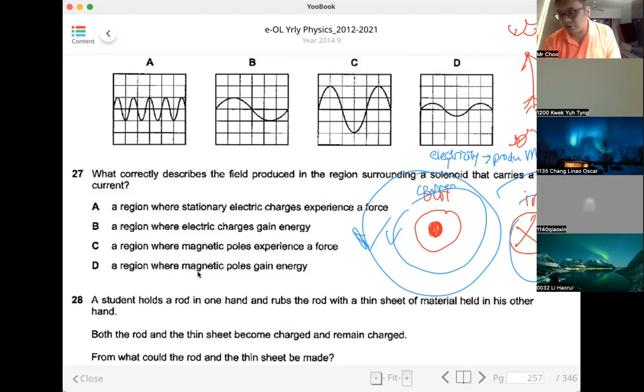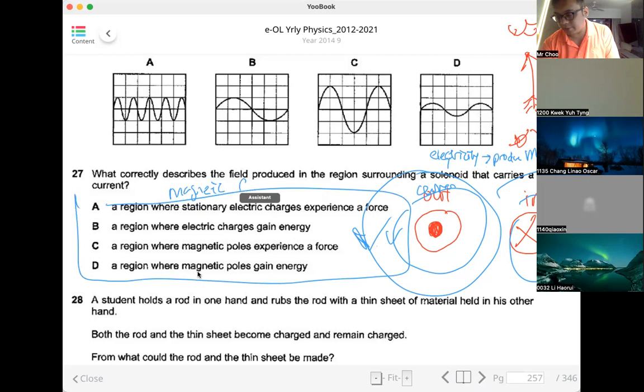So what is produced? Your answer should be a magnetic field. So all of you try again. Electricity will produce a magnetic field. Okay, a current will produce a magnetic field.